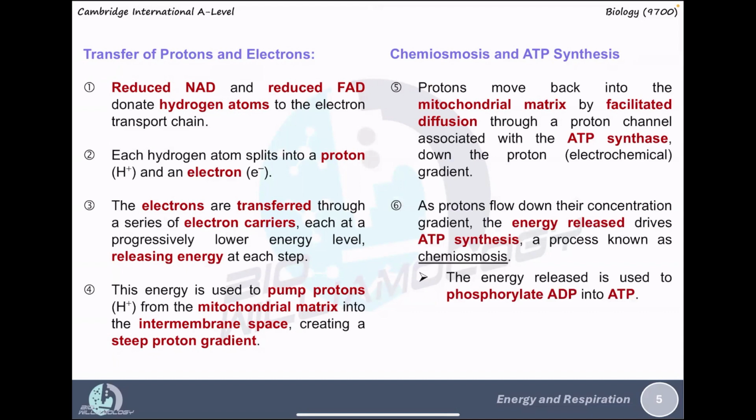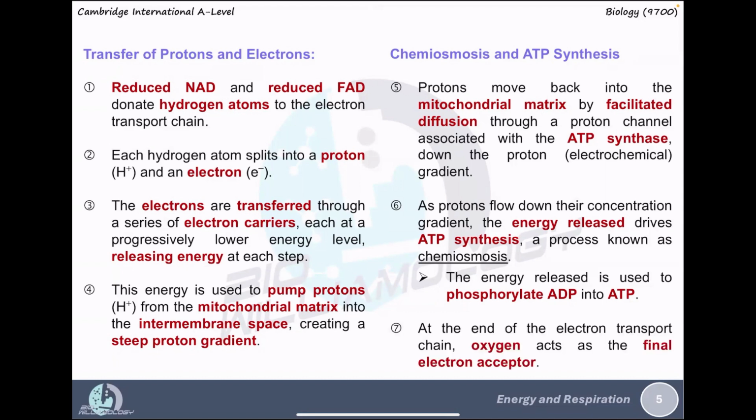So as protons flow down their concentration gradient from high potential energy to low potential energy, definitely energy is released. The energy released here is used to phosphorylate ADP to form ATP in a process known as chemiosmosis.